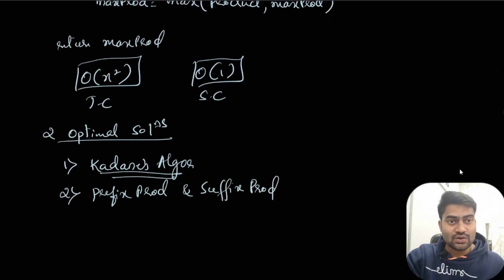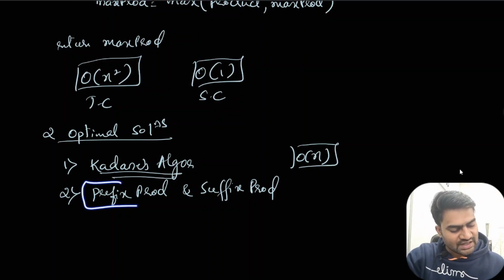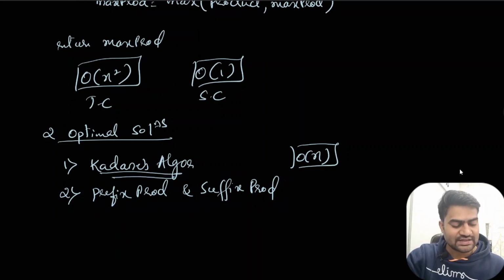So these two algorithms will use O of n time complexity. So in this video, first we will look into the prefix and suffix product way, how we utilize this particular logic. Then I will make another video for the Kadane's like algorithm implementation in the next video.